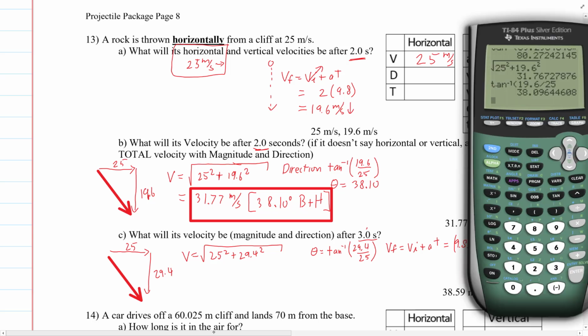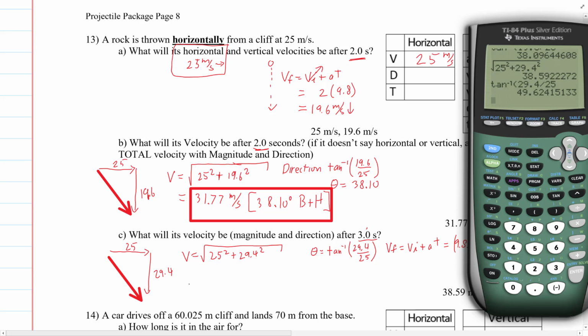Okay, so let's do them together here. The square root of 25 squared plus 29.4 squared, and then the inverse tan of 29.4 divided by 25. There we go.